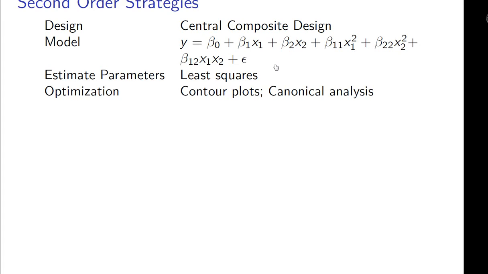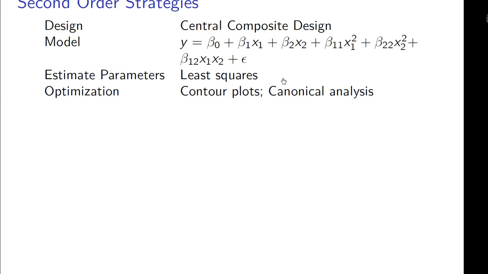Here's your model. The estimation of the parameters beta 0 and beta 1 through those seen here is still by least squares. And the optimization, instead of just being contour plots and method of steepest ascent, is slightly different. One still uses contour plots as the graphical component to give you an idea of the direction in which you want to choose, but you'll also use canonical analysis rather than the optimization procedure in order to find the maximum.